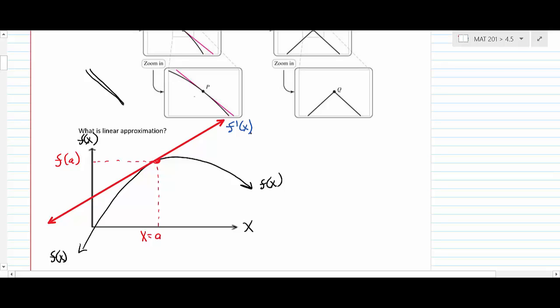So what happens then is if you moved over a little bit, to a little bit bigger value, you could say this is x equals a plus h, where h is just a small value, then if you went all the way up to that, the value of the tangent line there is going to be pretty close to that function value right there.